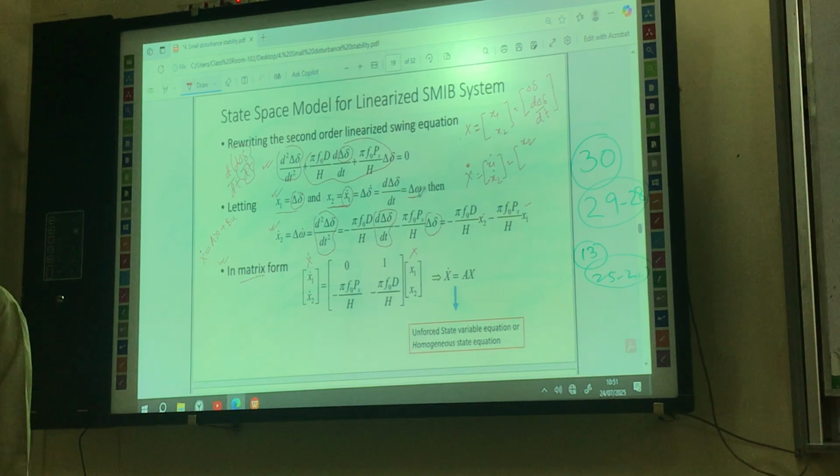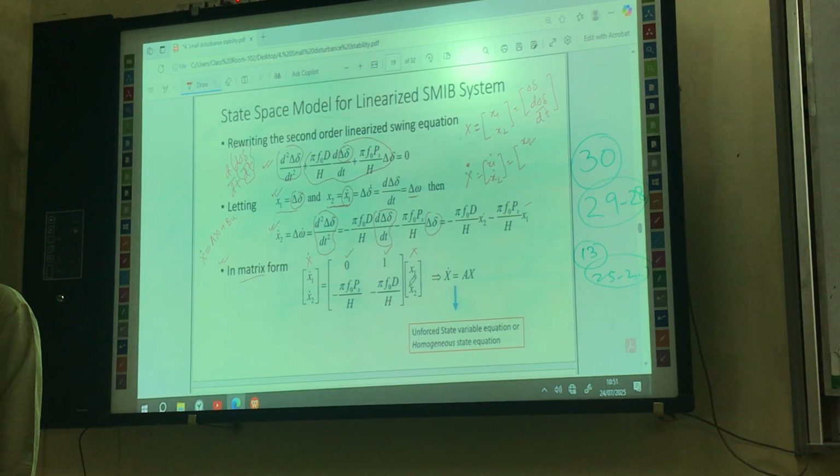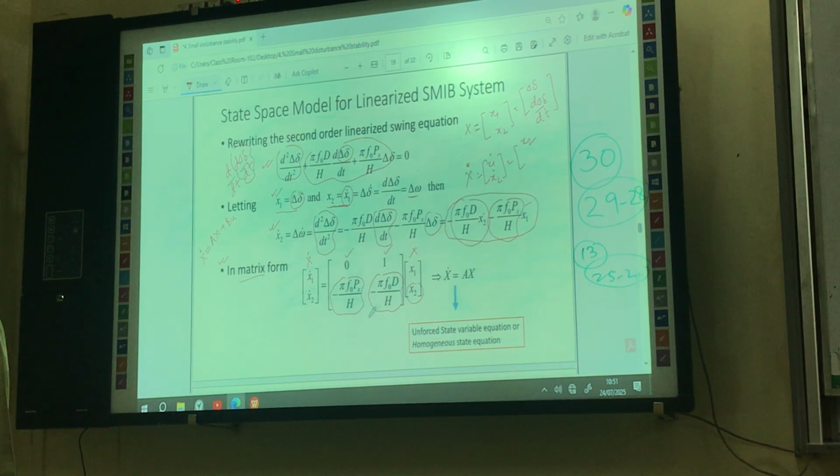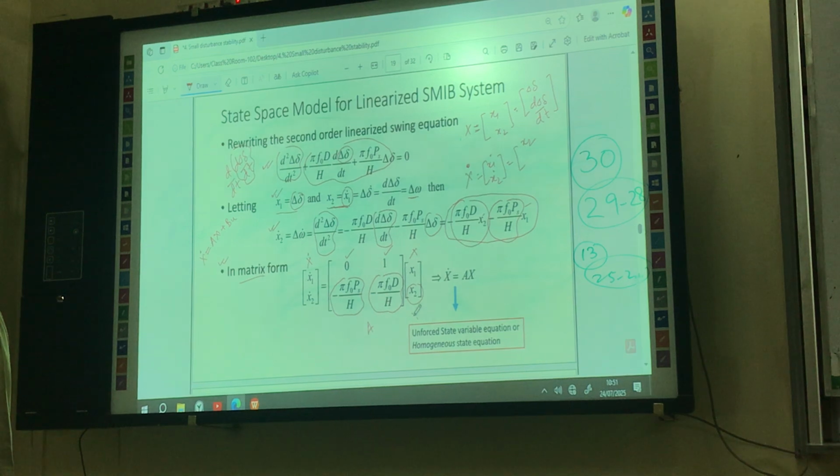Now we look at these two equations: x1 dot is x2, that's why the first element is 0 and the second element is 1. And to make x2 dot equal to this, with x1 this term has come, right? And the second term will be multiplied by x2, so that we can get this. So this is our A matrix, this is x.